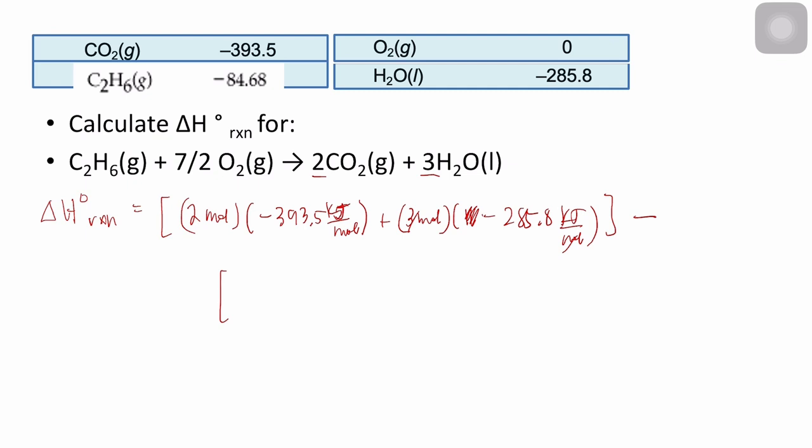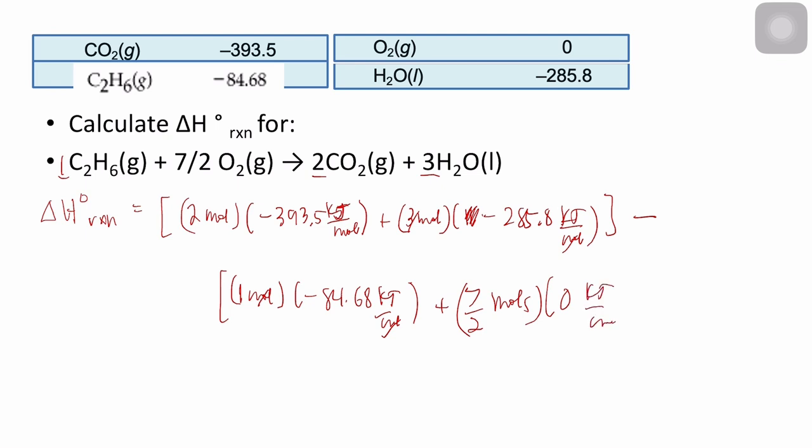Minus the reactants. So we have 1 mole of C2H6, so that's negative 84.68 kilojoule per mole. Cancel moles. Then add, since summation, for oxygen, 7/2 moles. Then it's just 0 kilojoule per mole. So this will just be zeroed out.